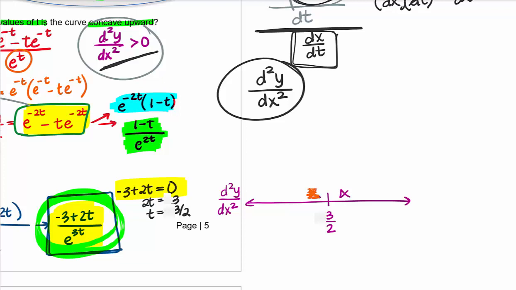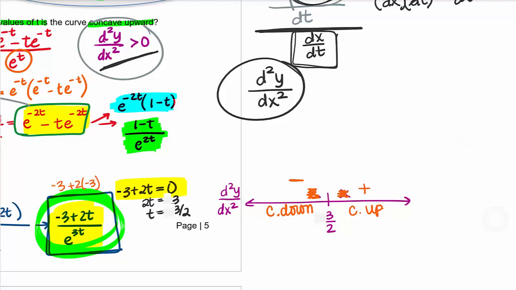So think about 3 plus 2 times -3, right? I do get a negative value, which means on this side I'm concave down. And if I put in a number like 3, because that's easy, I have a positive, right? So that means on this side I'm concave up.